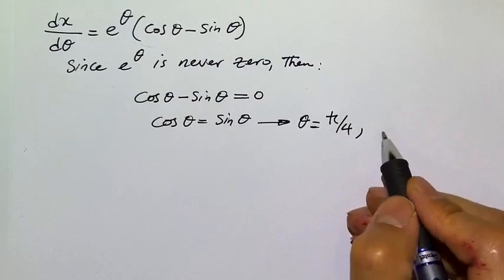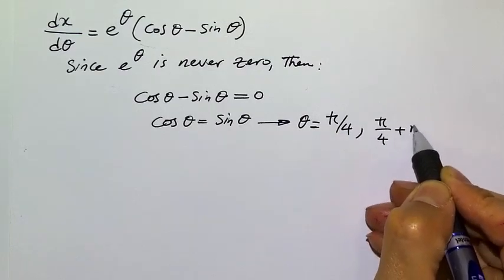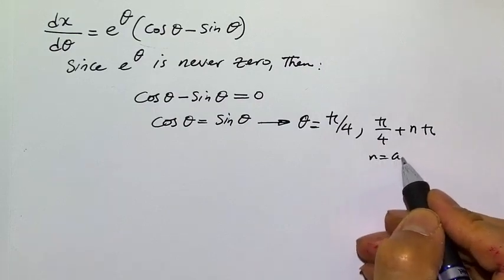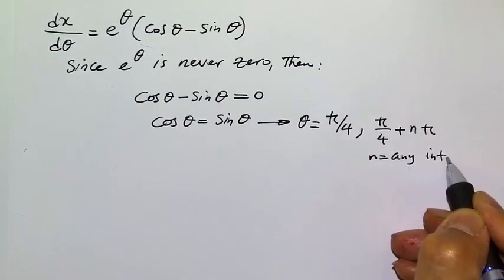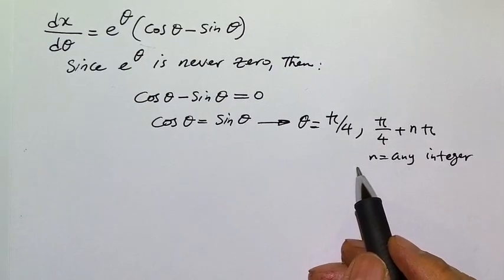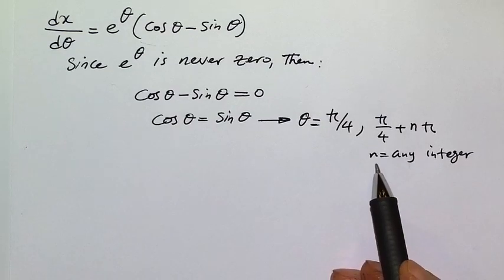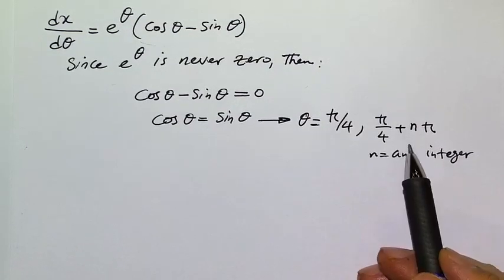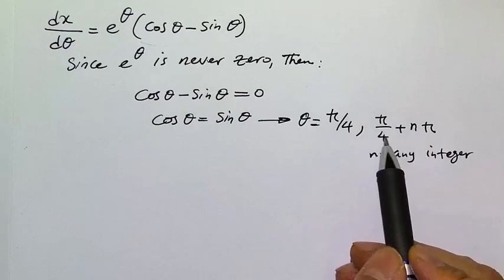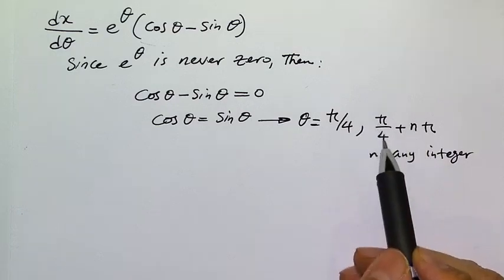Let's generalize that to pi over 4 plus n pi, with n any integer, right? If n is 0, we get pi over 4.